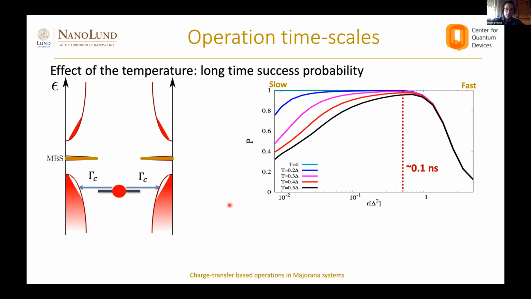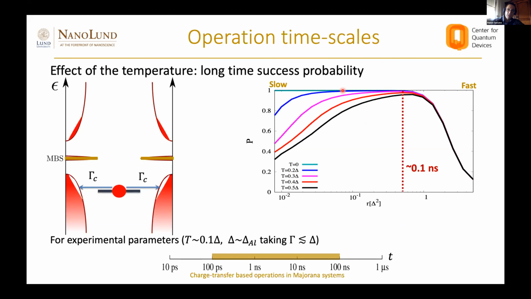And it's very interesting that for the lowest temperatures, there is a very wide plateau of several orders of magnitude. So what we did is just take realistic numbers for the operation time scale, and it happens that taking realistic temperatures, a gap which is half of the aluminum gap and a realistic value for gamma, it turns out that these operations can be done in the picosecond to nanosecond regime.